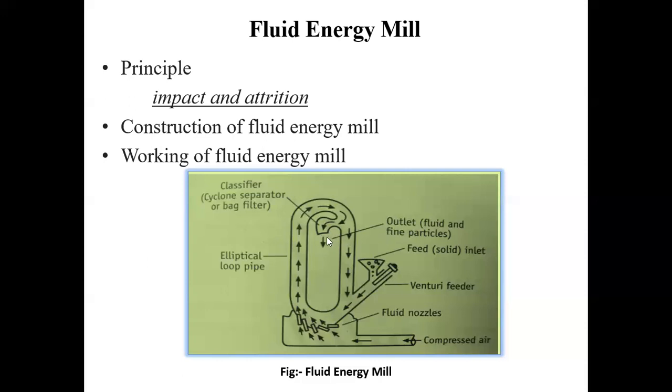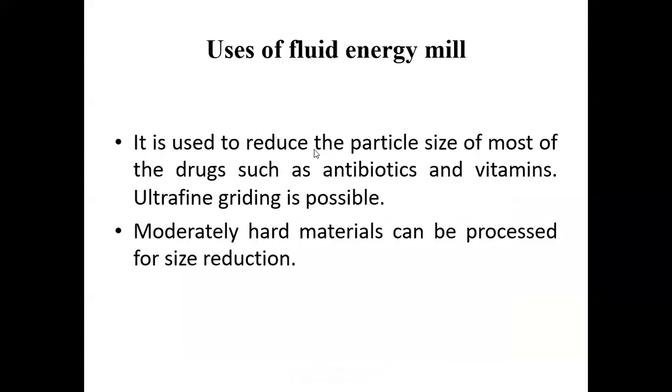And this is the outlet for fine particles, and particles can also be recycled from this side and again join by this compressed air. So this is the working, construction and principle of fluid energy mill.